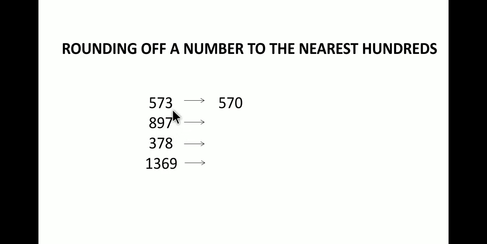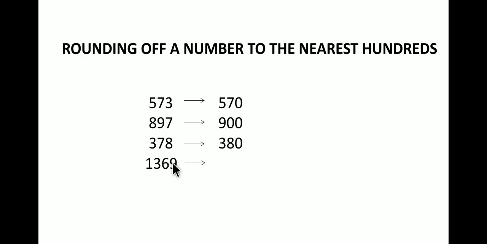Similarly 897, since 7 in the units place is more than 5, it will contribute 1 over here, so 897 becomes 900. Similarly 378, the 8 in the units place will contribute 1, so it becomes 380.